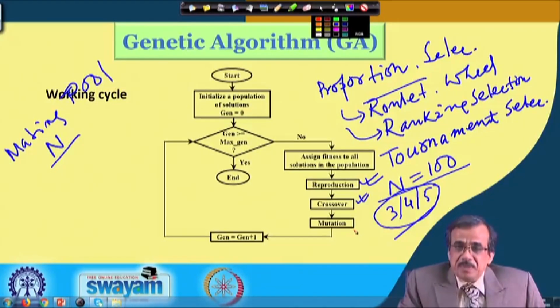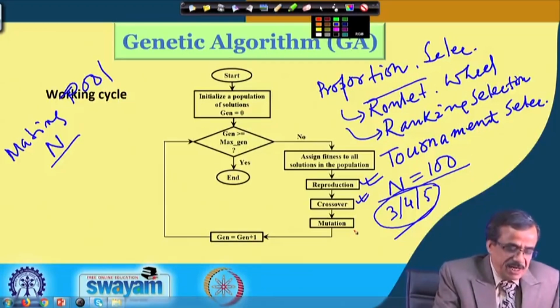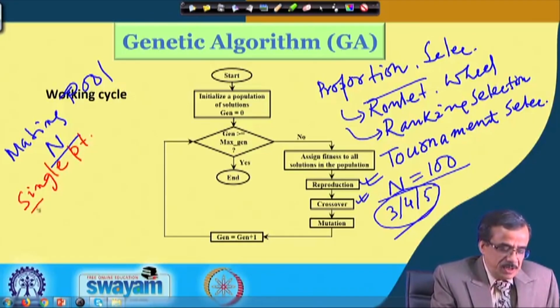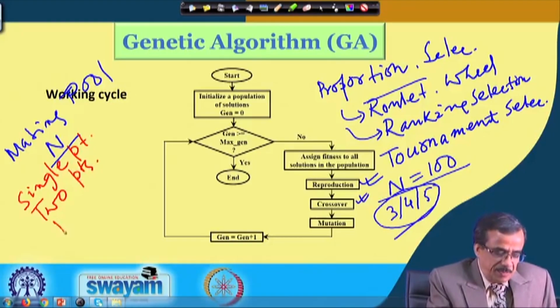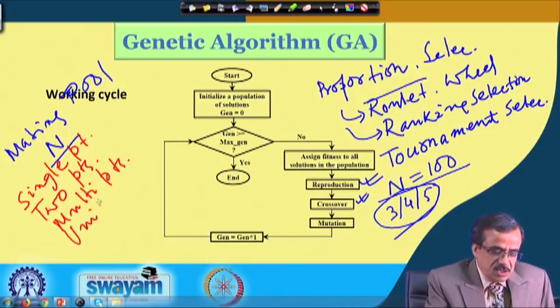Now, if you see the literature, we have got different types of crossover schemes. For example, in binary coded genetic algorithm, we have got the single point crossover, then the 2 point crossover, then the multi point crossover, then the uniform crossover, and so on.